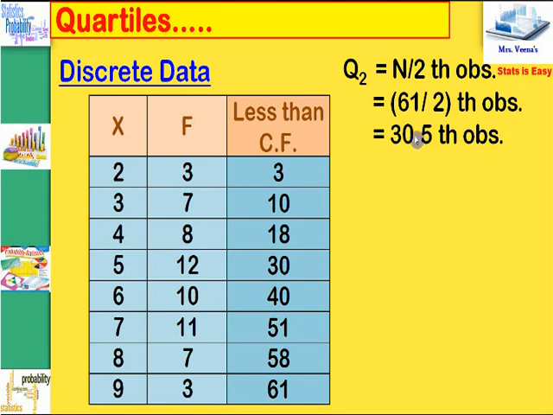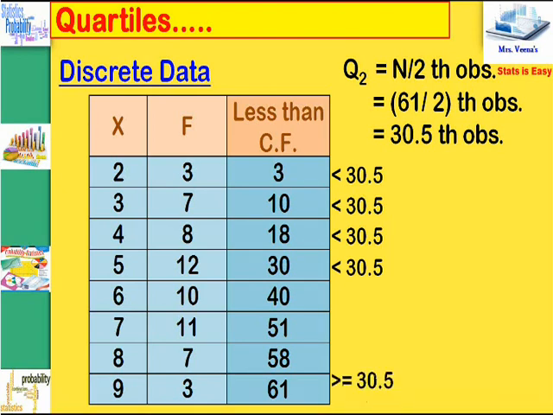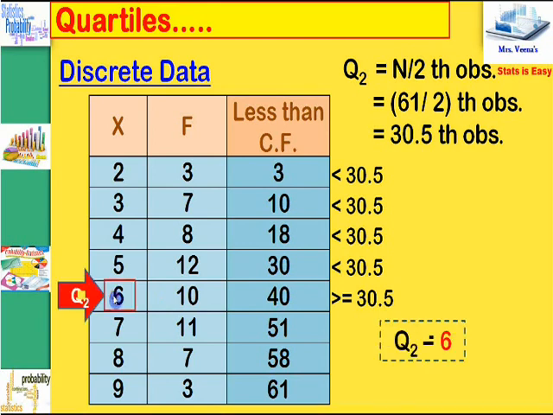Now compare this value with these less than cumulative frequencies. 3 less than 30.5, 10 less than 30.5, 18 is also less than 30.5, 30 is also less than 30.5, 40 is just bigger than 30.5. So Q2 is this, 6.